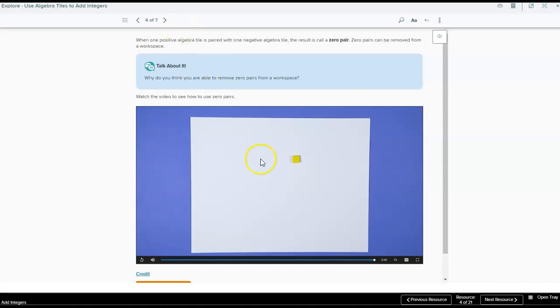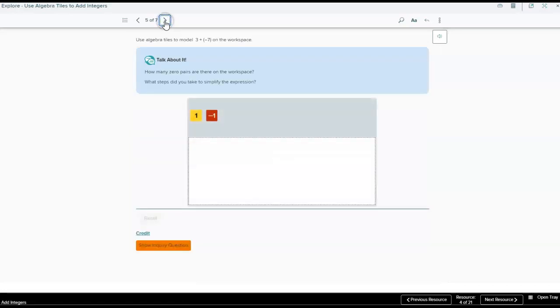Anytime you have a zero pair, we can just get rid of those and see what's left. Let's look at an example of that. If I want to add 3 and negative 7, I have a positive 3 and negative 7, so 3 positives and 7 negatives.